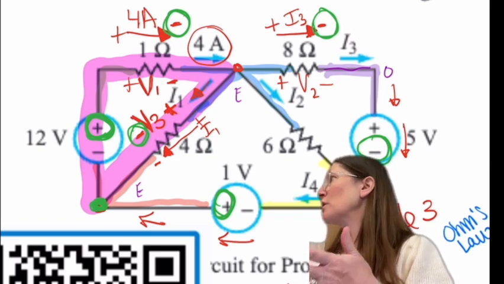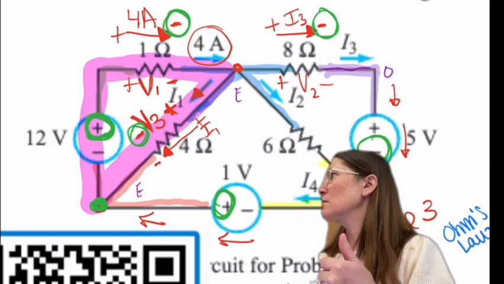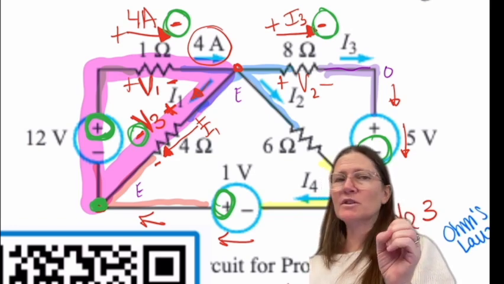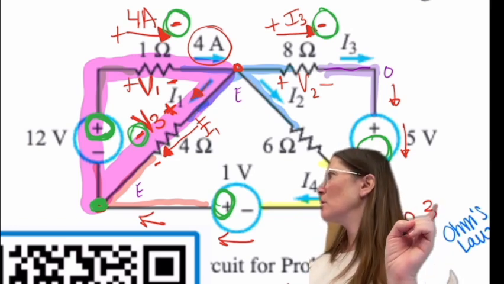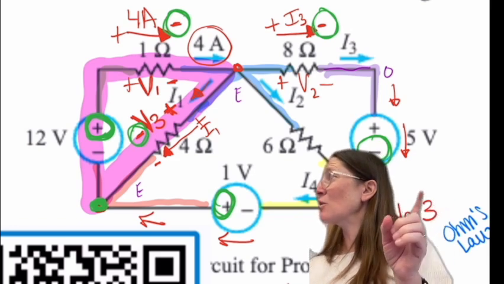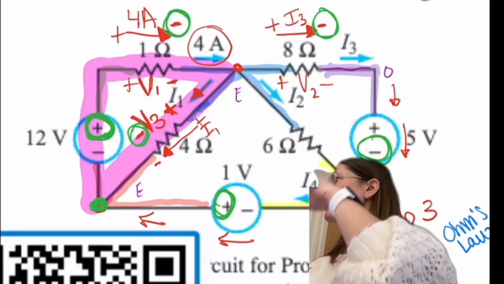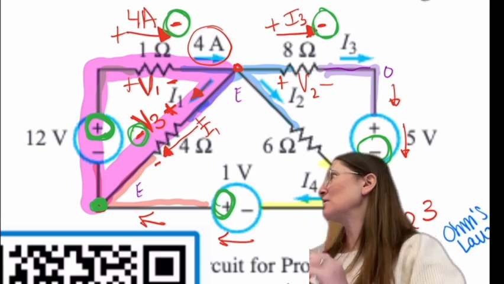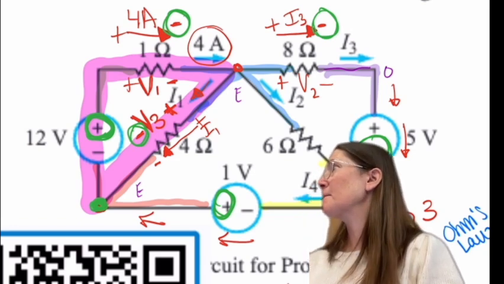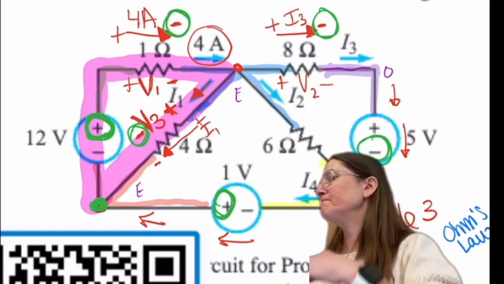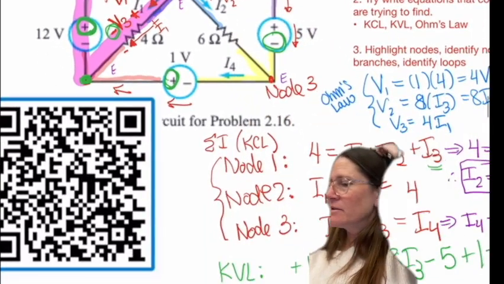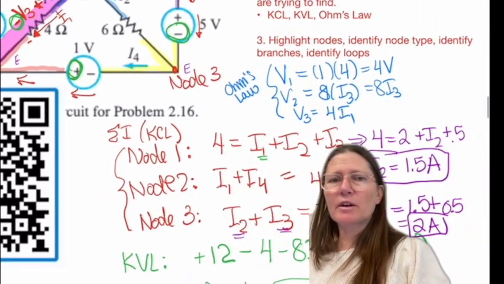So 4 times 1 is 4 volts. But you know it's 4 amps just because it was given to you. Otherwise, you would have to treat that as an unknown and take more voltage loops if it wasn't given to you. Does that make sense? So you just used Ohm's law then? I used Ohm's law. Okay.